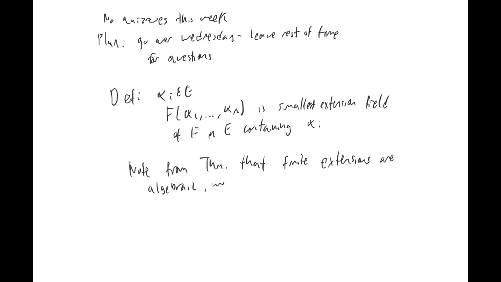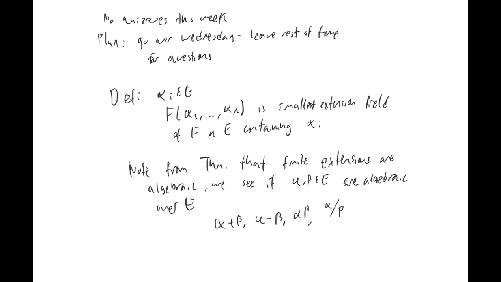We see that if alpha and beta in E are algebraic over F, then so is their sum, in the sense that every other new element you get is also algebraic.